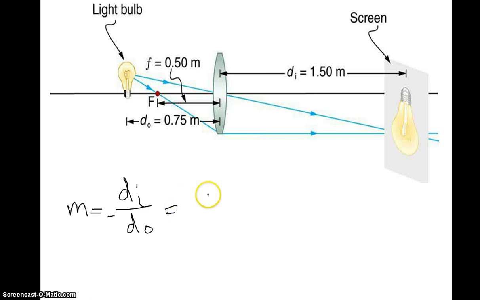So we take that distance of the image, which was 1.5, and we divide it by the distance of the object, which was 0.75, and we get 2. So what we see here is that this image is twice as big as the actual object. So that's how we can figure out how magnifying that lens is. The fact that it's negative just means that it's inverted and upside down.